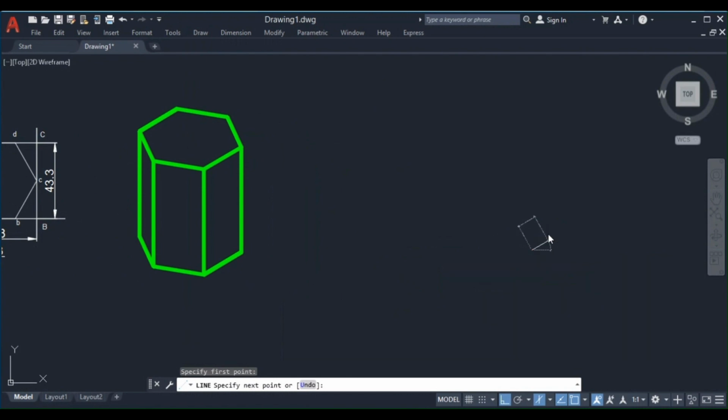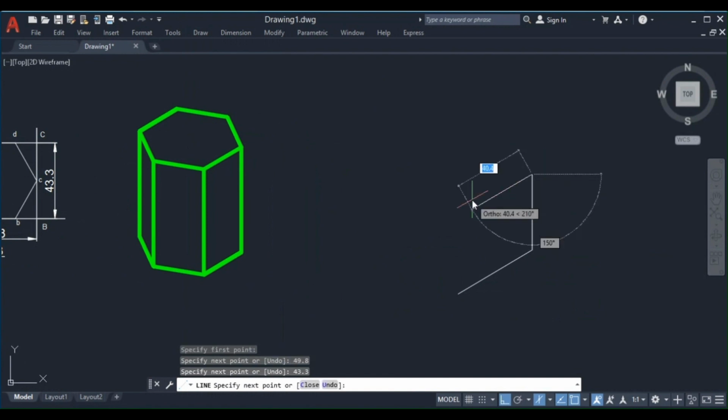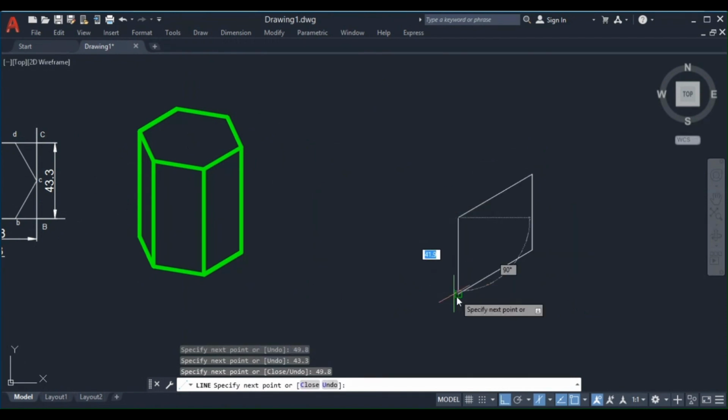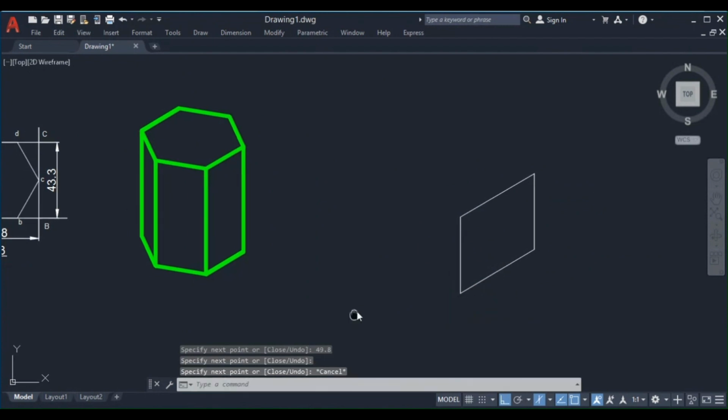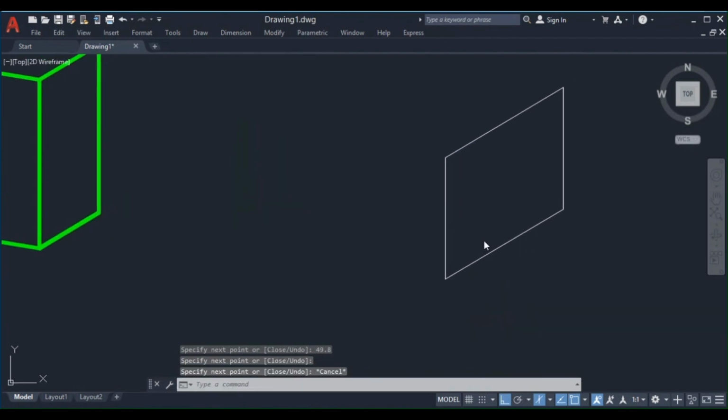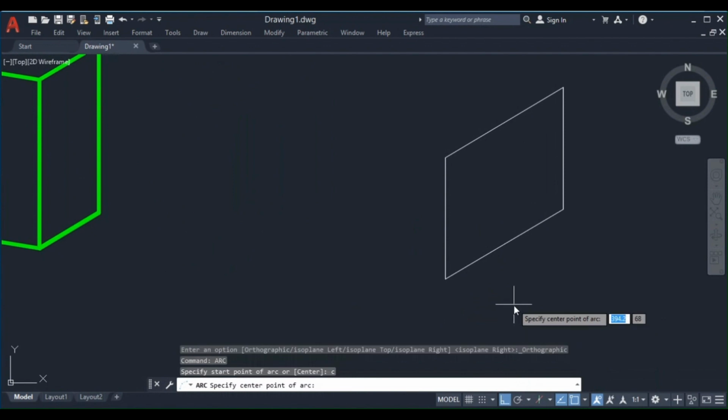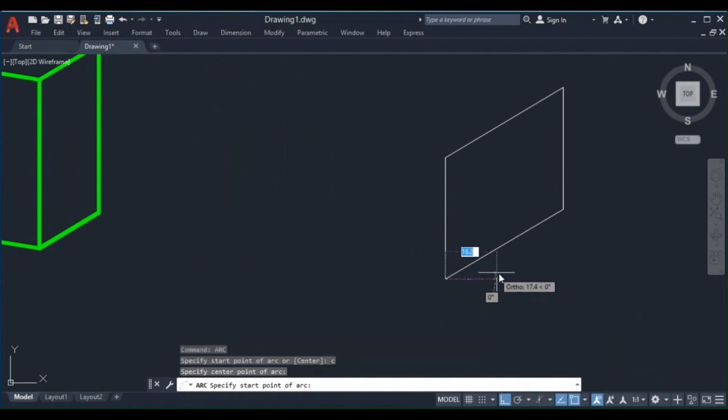49.8, 43.3. Again 49.8, 43.3. So 12.3 and 12.3. So from here it is 12.3, and from here it is also 12.3.